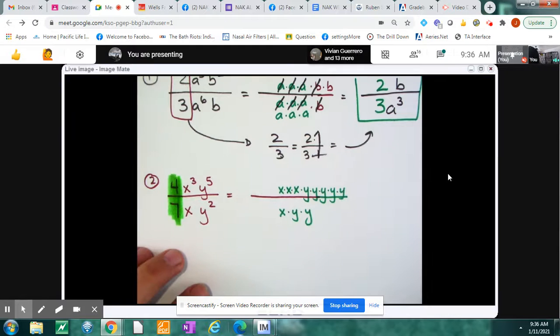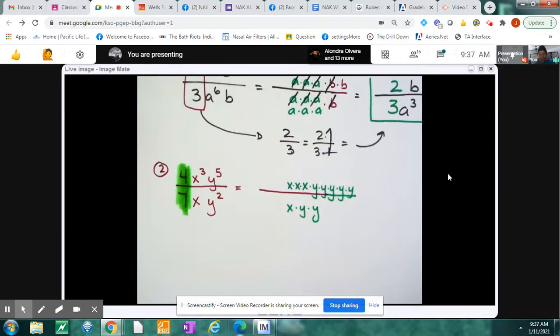There we go. Exponents. See what I did? All I did is I laid it out.